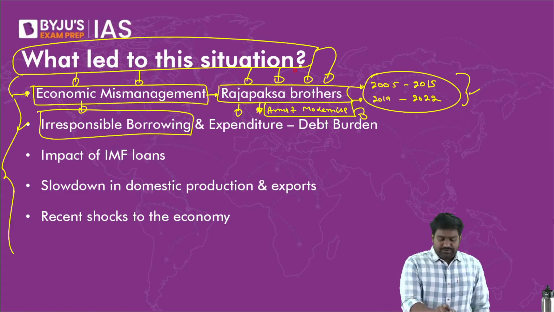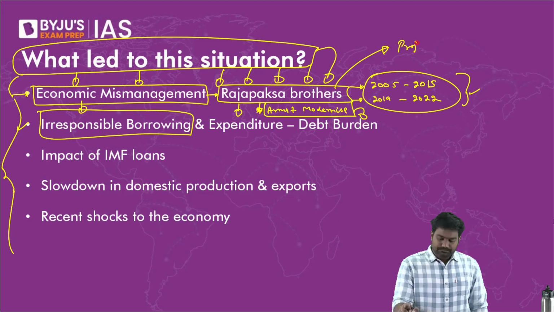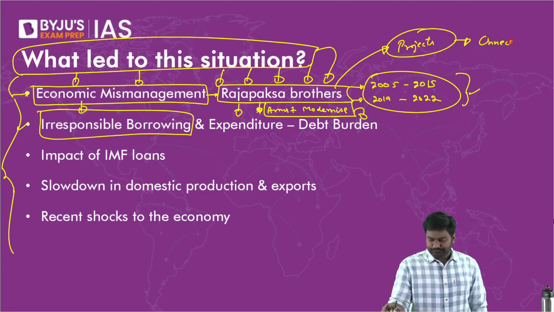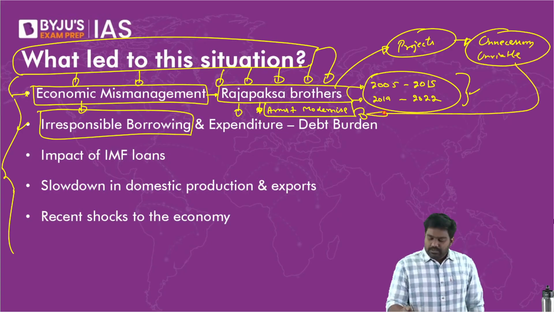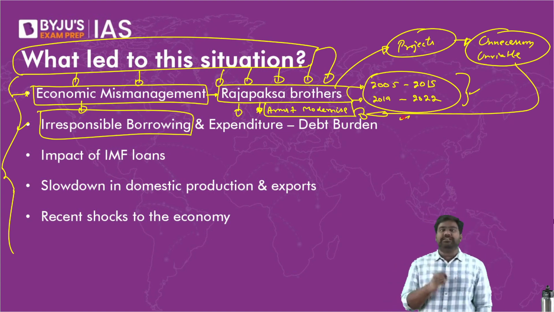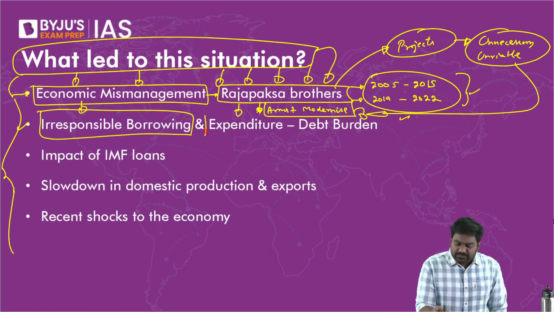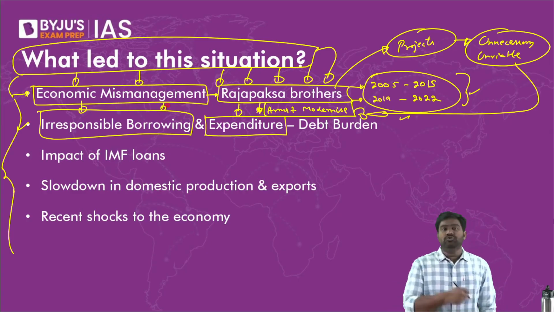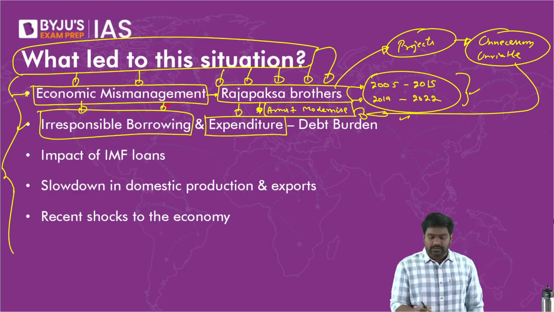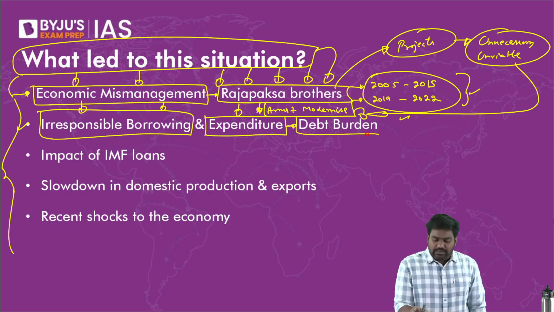The various unnecessary, unviable projects that were taken up by the Rajapaksa brothers were also responsible for this crisis. There was irresponsible expenditure for years together with heavy loans being taken year after year, which obviously would create a debt burden.